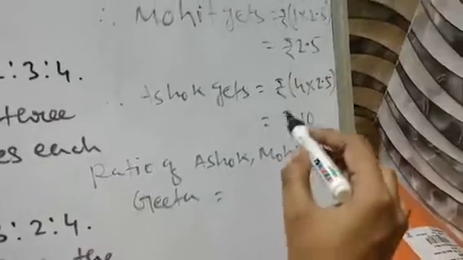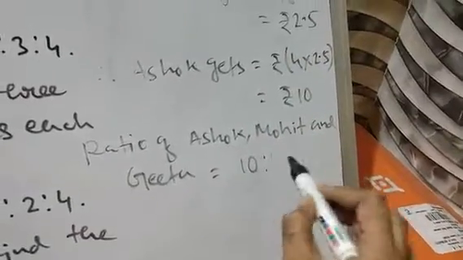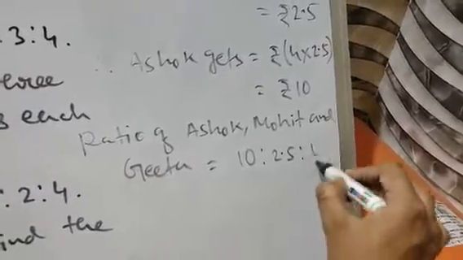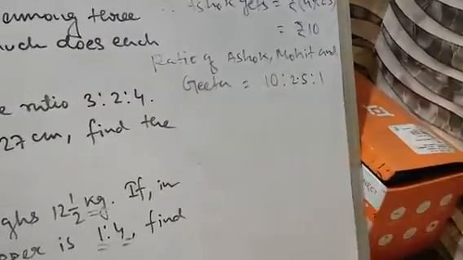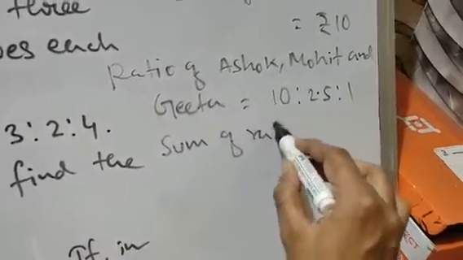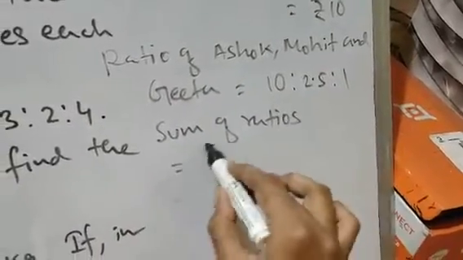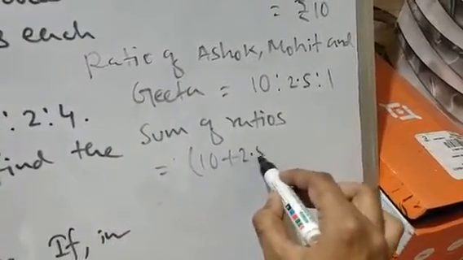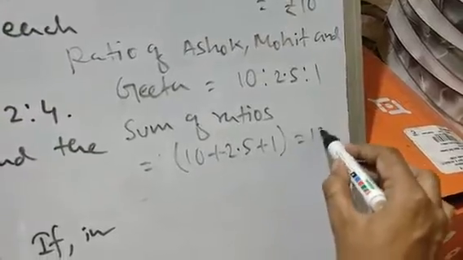So Ashok gets 10 rupees, Mohit 2.5 and Geeta 1. Clear. Now find the sum of the ratios. Sum of ratios equal to 10 plus 2.5 plus 1 equal to 13.5.